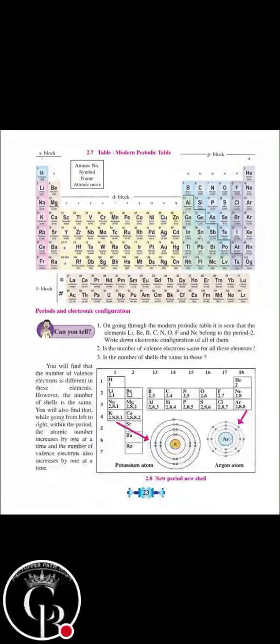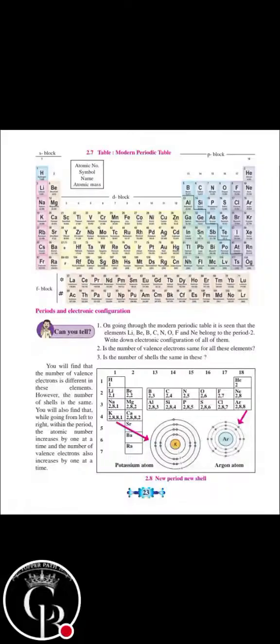Next, periods and electronic configuration. In the modern periodic table, there are 7 horizontal rows called periods.